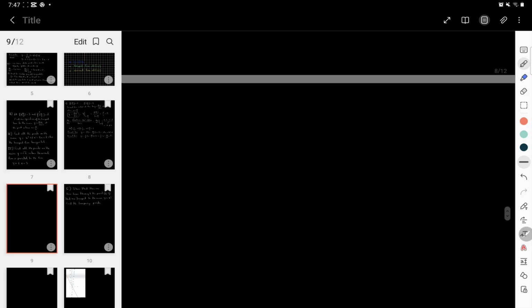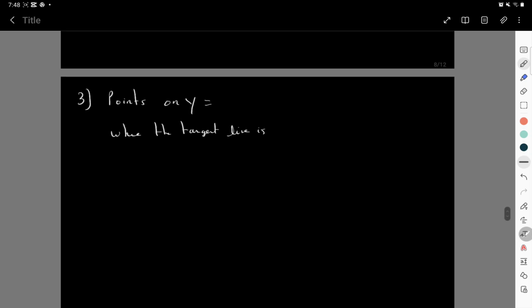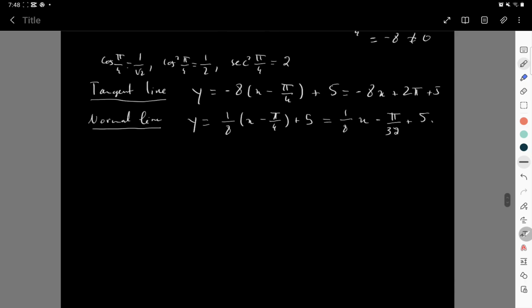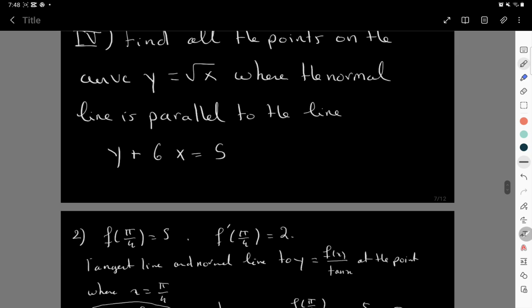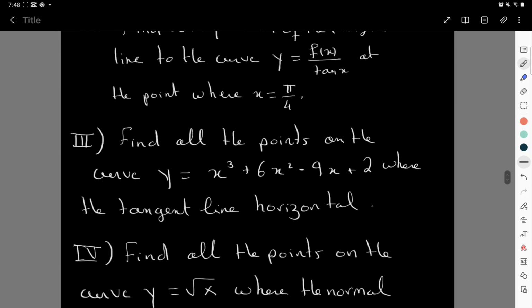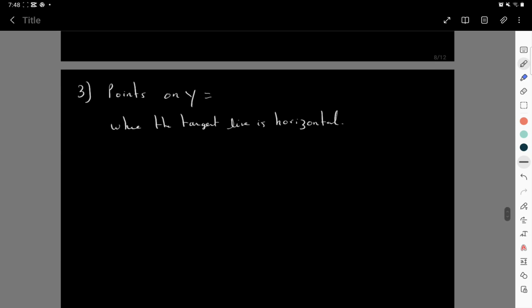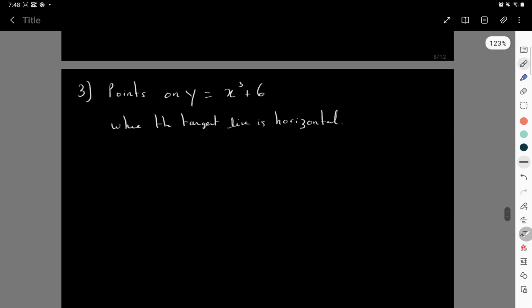Okay, points. This is question 3. Points on y equal x cubed plus 6x squared minus 9x plus 2, I think.